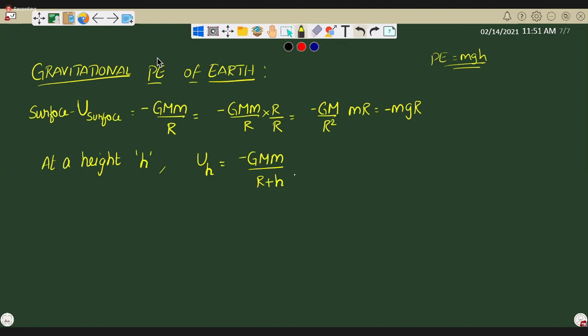They'll ask, what is the work done by an external agent in taking a body of mass m from the surface to a height h? So will it be potential energy at h minus the potential energy at the surface? Correct. So your work done is nothing but your delta potential energy, isn't it?